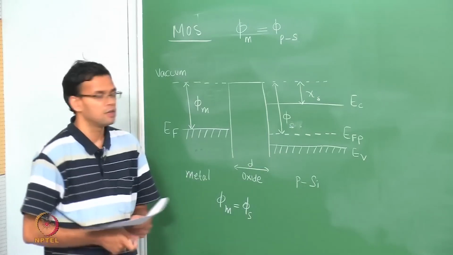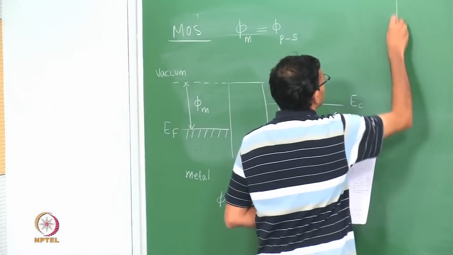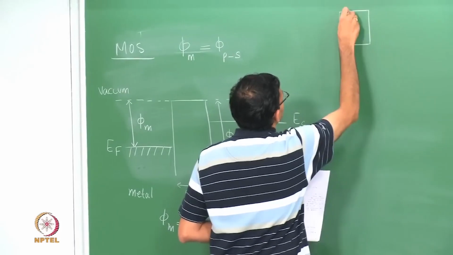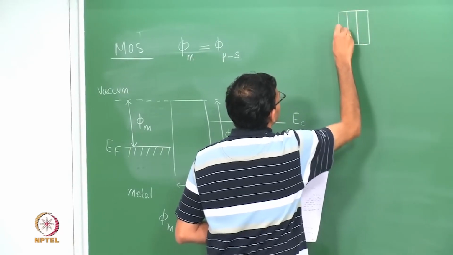So, let us look at the metal oxide semiconductor under bias. I am just drawing a schematic.